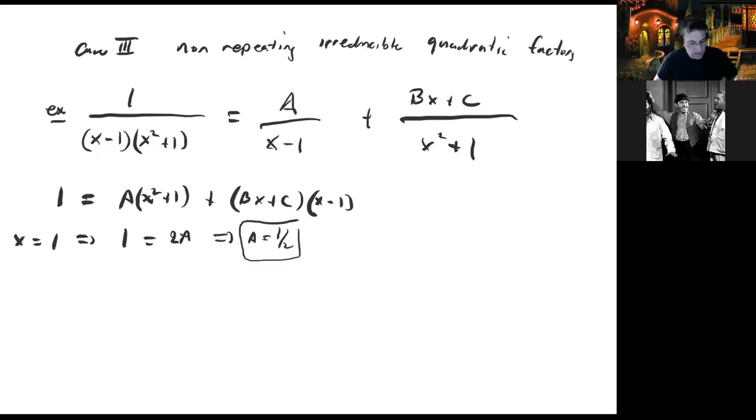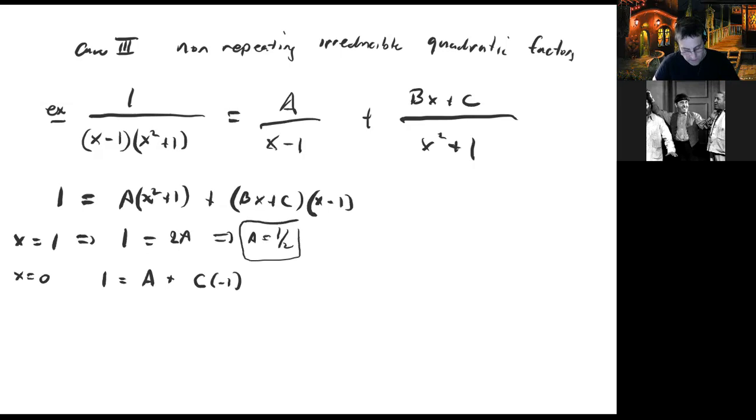Okay. We can also let x equal 0. I mean, I'm just choosing a small integer number. If we let x equal 0, then we get 1 equals a plus bx plus c, in this case is c, times minus 1.